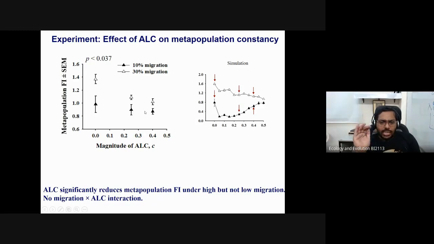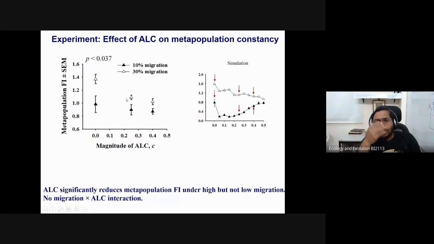So essentially, if you synthesize all of it in one place, what this is saying is that when you have high migration rate, then ALC is going to do something, but whether you are having a higher rate of ALC or a lower rate of ALC is not going to matter too much.